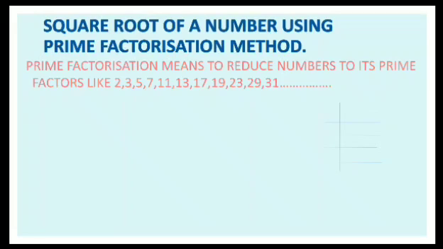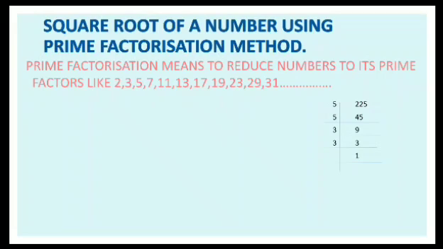Now, let's take out the square root of 225 by prime factorization. After factorization, we can see the prime factors of 225 are 5, 5, 3 and 3.